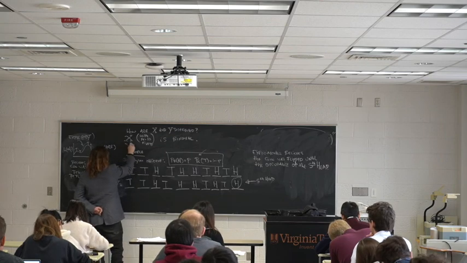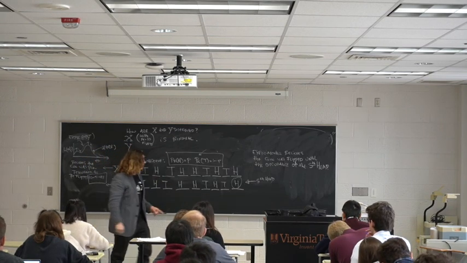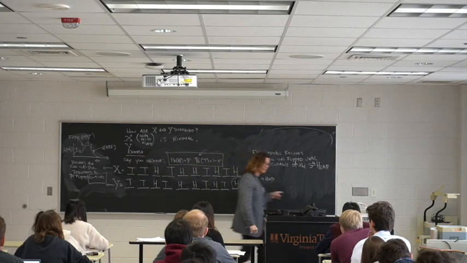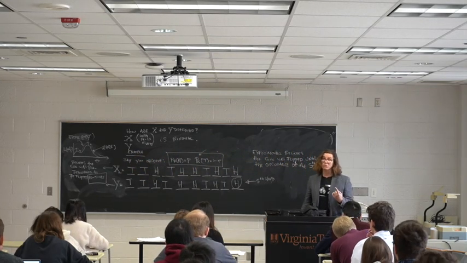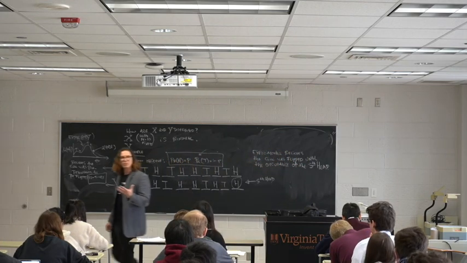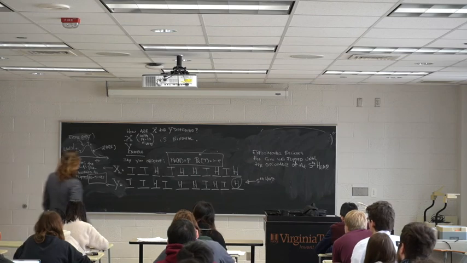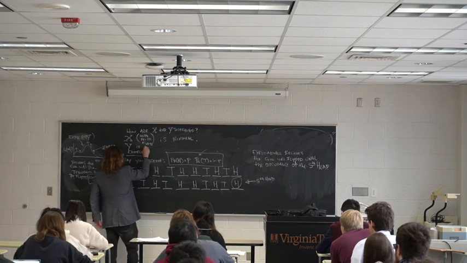Y, with the number of heads, the 5th head occurring on the last event, that has a different distribution. Does anybody know what it's called? Negative binomial. Sums of geometrics. So y is negative binomial.